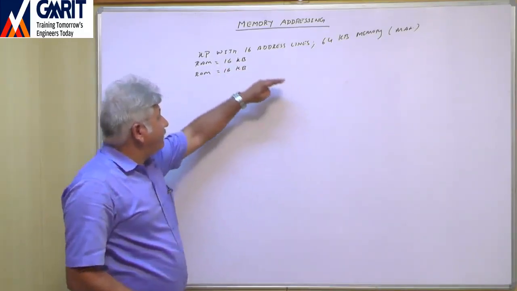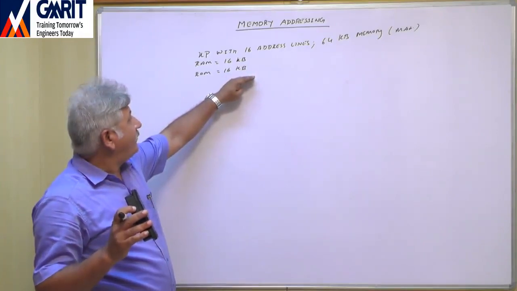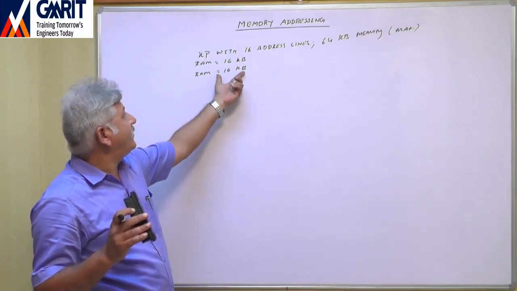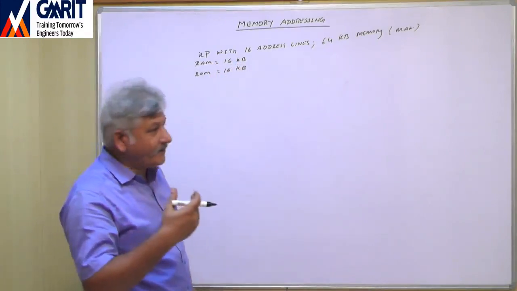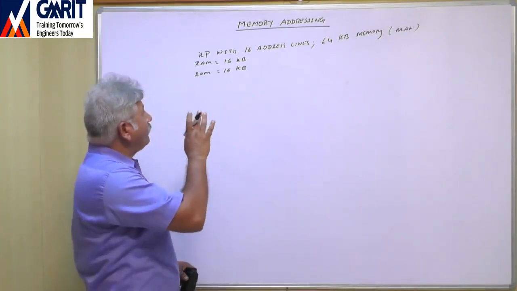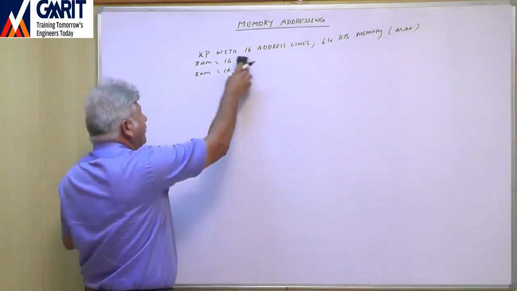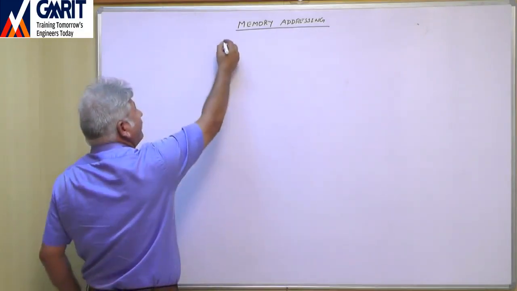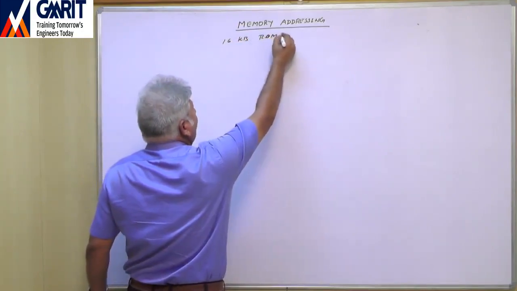Now with this memory, we have to find out what the addresses of various locations of this 16 KB ROM and this 16 KB RAM shall be. Unless we know the addresses, we cannot access the content of the address. So how to define the addresses, right? First we will define the addresses of the 16 KB ROM. First we will take the ROM addresses.